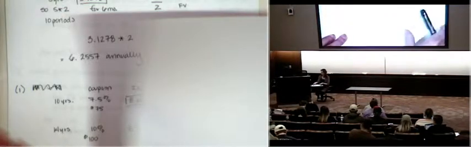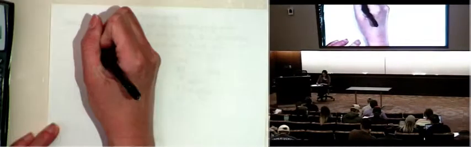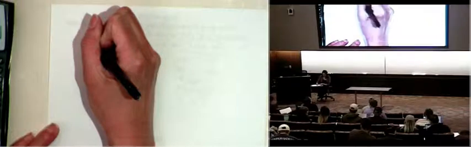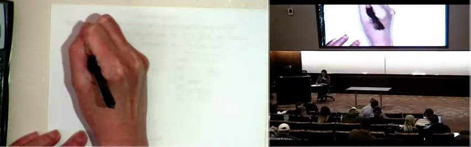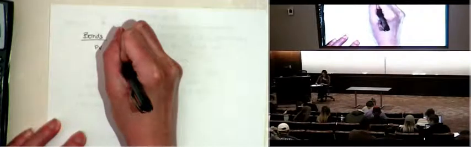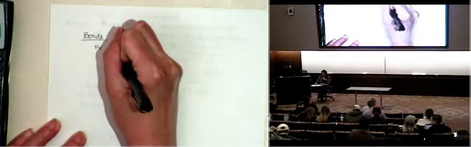Okay, this is for bonds. We have calculated the present value of a bond for annual and semi-annual.